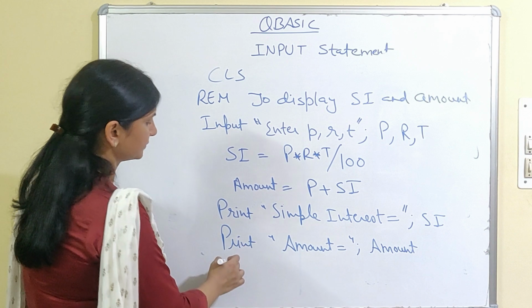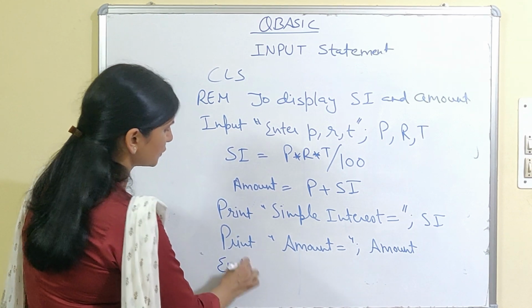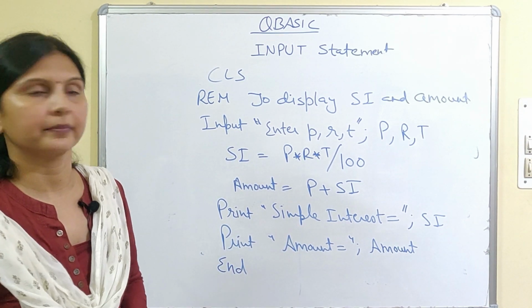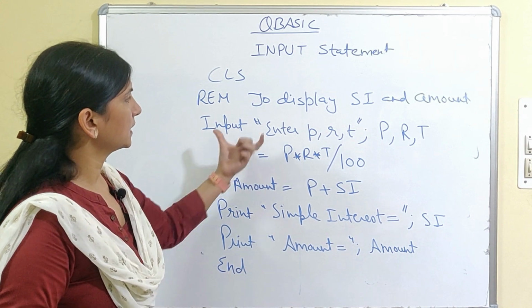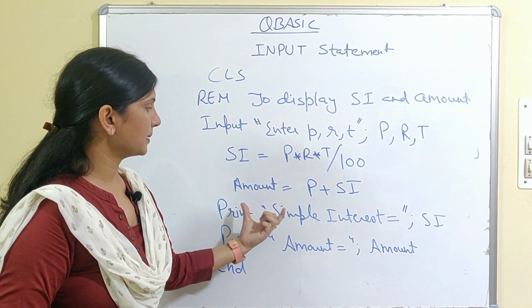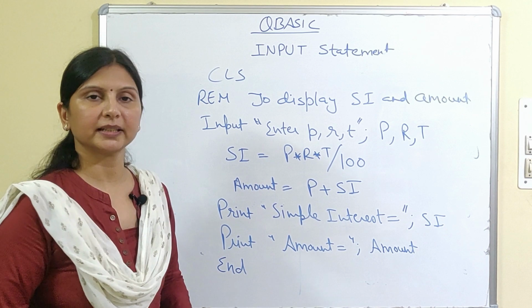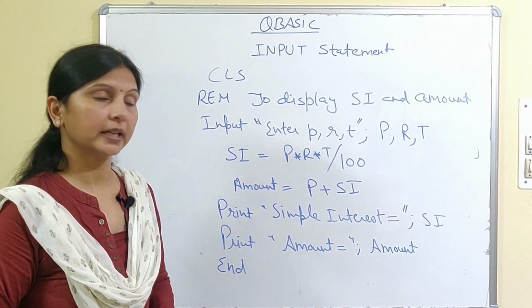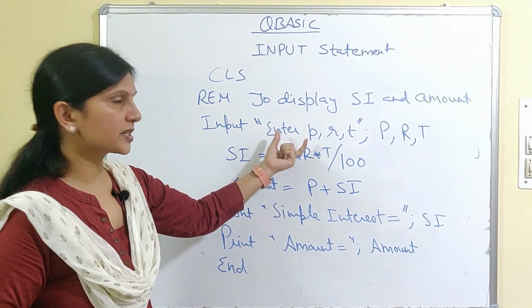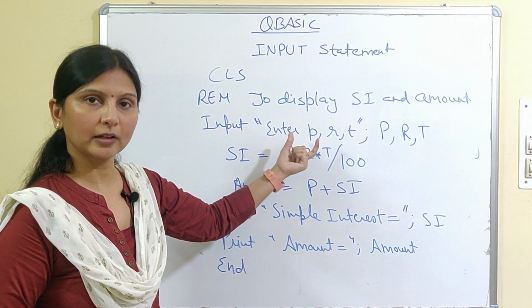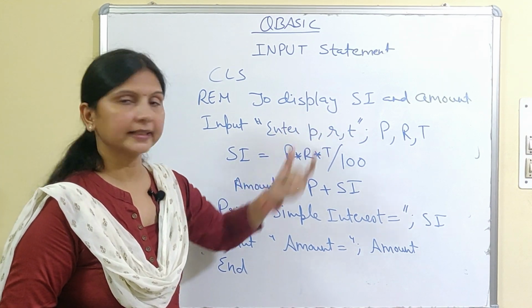Okay, so then at the last you will end the program. I hope it is clear. Input SI amount, then you have displayed that. Fine. And when you run this program, a message will appear on the black output screen, enter PRT.